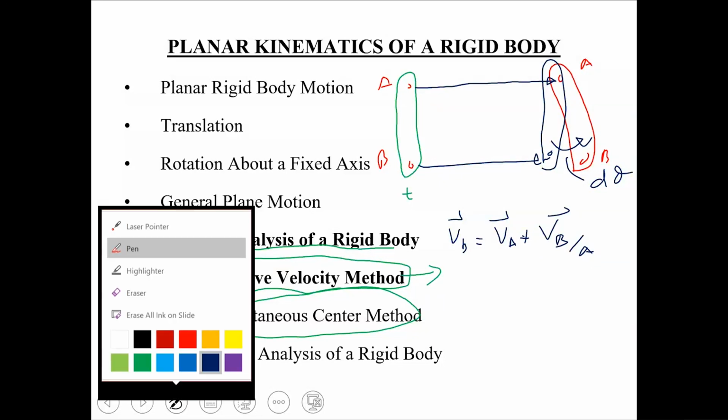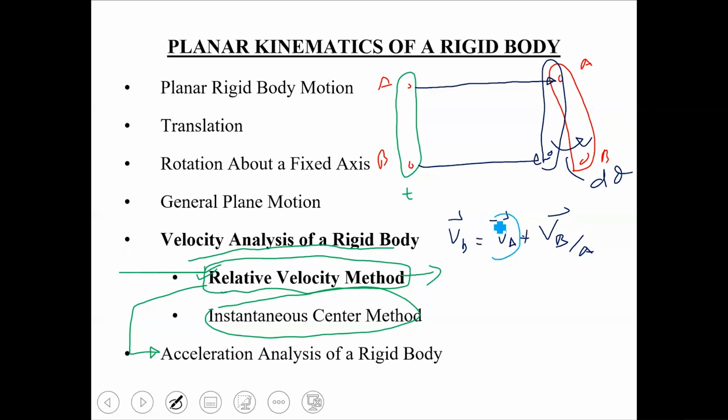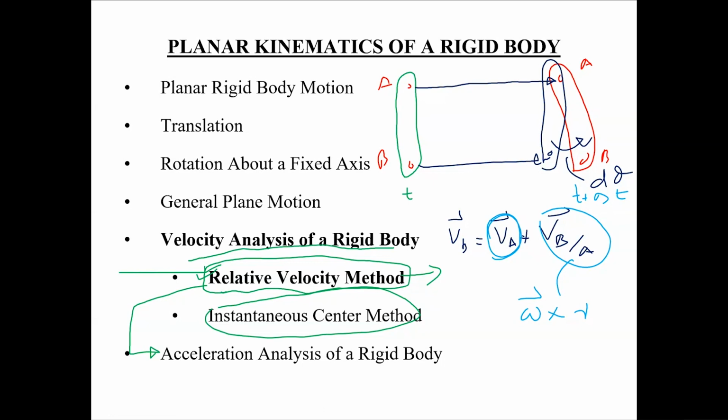Now, in this equation, this VA basically represents the translational aspects of motion, how much this rigid body is being translated from time t to time t plus delta t. Whereas this VBA represents the rotational aspects of this rigid body. Now, since this point B is in pure rotation with respect to point A, we have replaced this VBA by the term omega cross r, which is the relationship for the velocity vector for the pure rotational case.